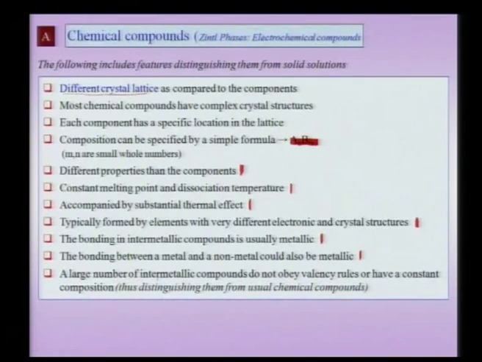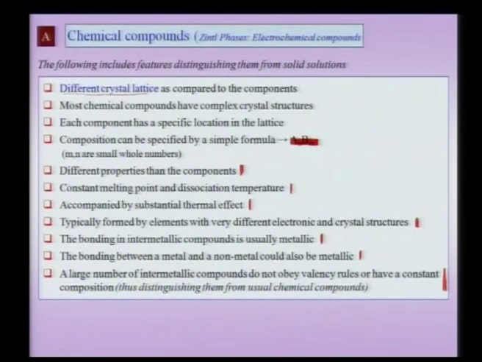A large number of intermetallic compounds do not obey valency rules or have constant composition. This is something which distinguishes them from the standard chemical compounds we deal with in chemistry, and it is perhaps a very important distinguishing feature which we always have to keep in mind.